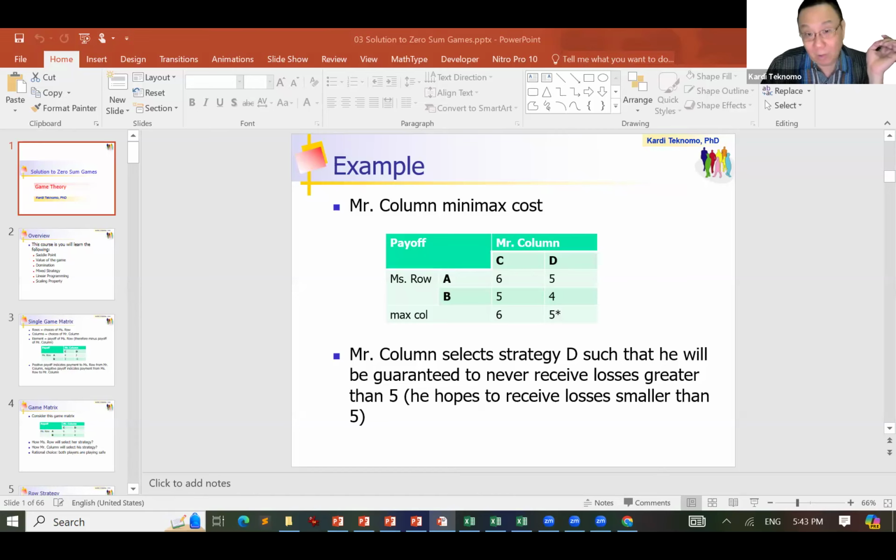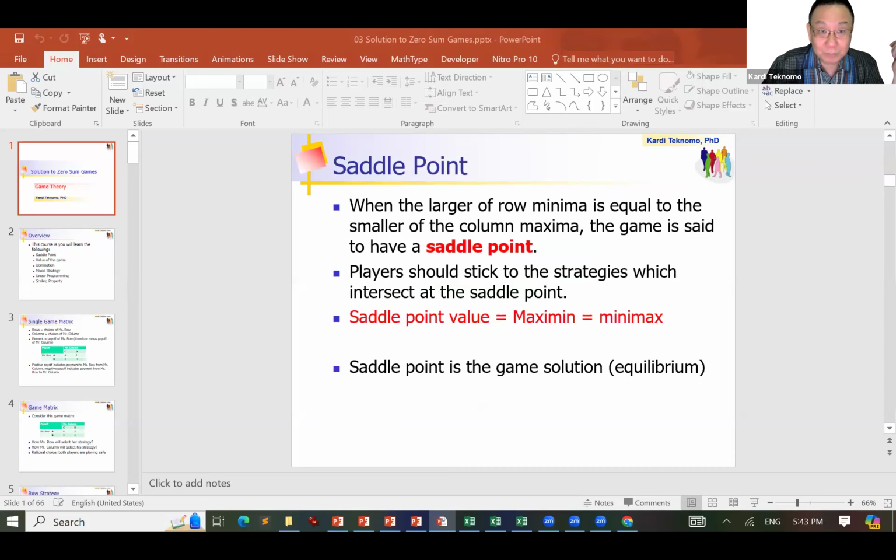Okay. Yeah, we know that this is bad for Mr. Column because this is positive all. This 5 means negative actually for Mr. Column. Okay. So now we will call it a saddle point. We call that solution a saddle point when the larger of row minima is equal to the smaller of column maxima.